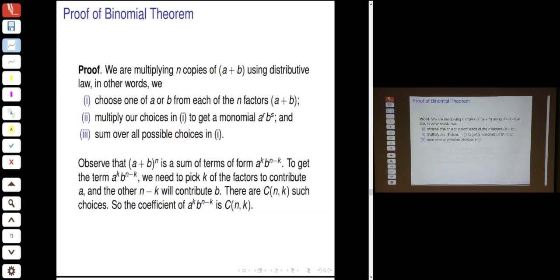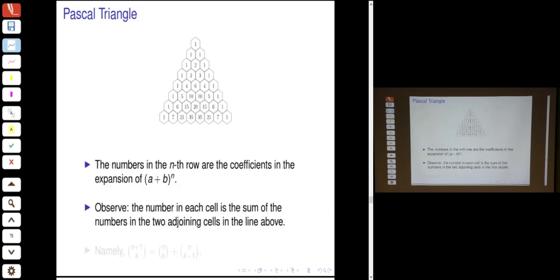If you turn this observation into a mathematical formula, it says: suppose the cell is on the (n+1)th row, at position k from left to right, then it is the sum of its two upstairs neighbors.